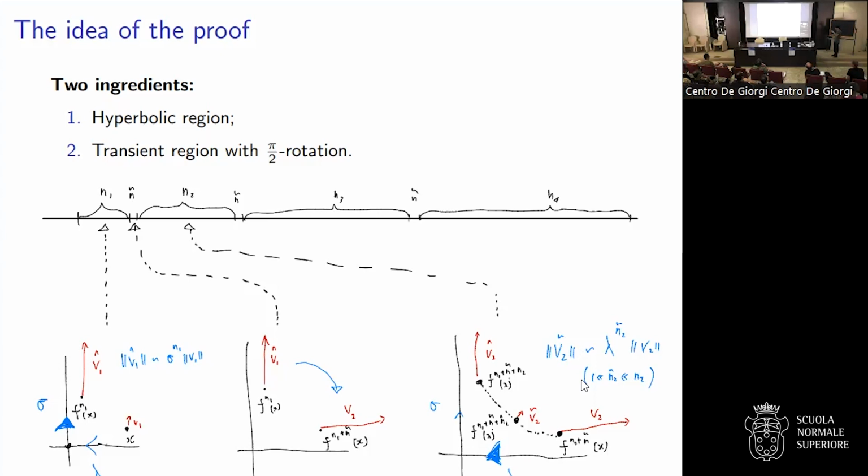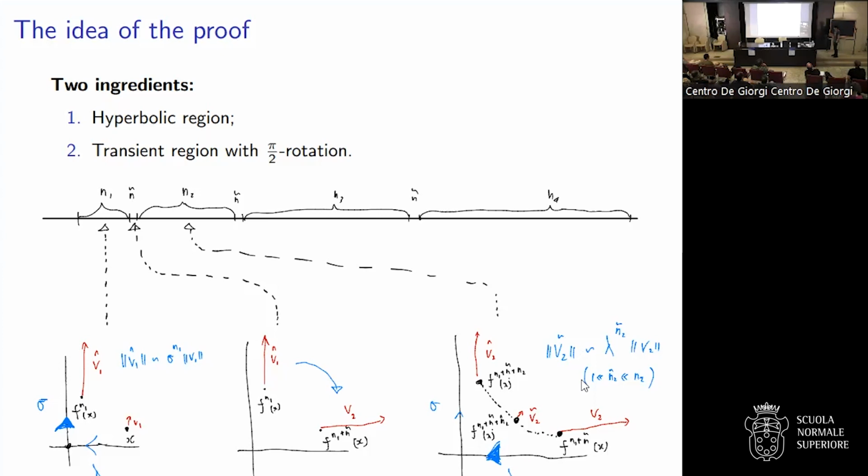But the situation changes after the rotation like this, because after the 90-degree rotation, the vector is almost in the stable direction, so you have some contraction. If you have time scales such that n2 is much larger than n1, n3 is much larger than n2, n4 is much larger than n3, then maybe you have positive, negative oscillation.